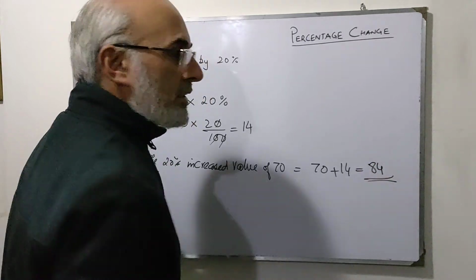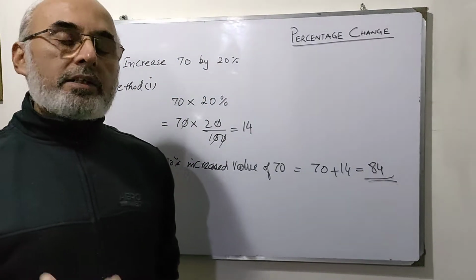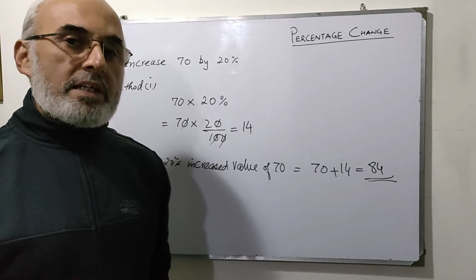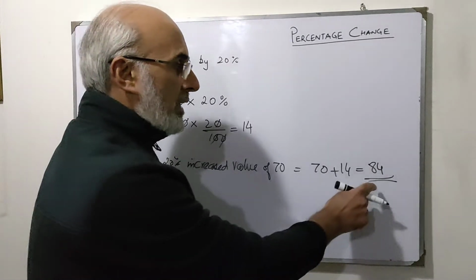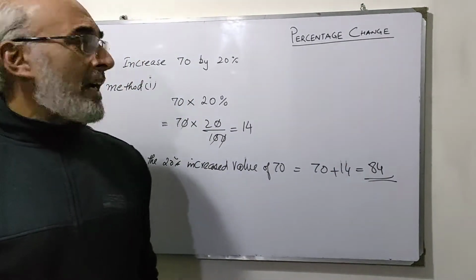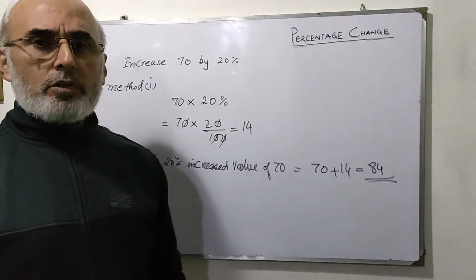So 84 is the increased value of 70. When 70 is increased by 20%, it becomes 84. Okay, and it's quite simple. I hope that you have understood it.